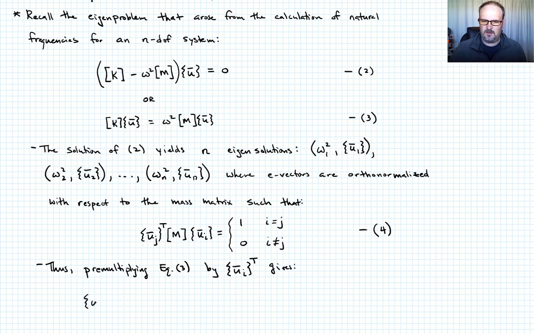It says u bar i transpose times the quantity k times u bar i in this case, okay, is equal to omega i squared times u bar i transpose times m times u bar i. Okay, well, I just defined what u transpose times m times u is, right? That's 1, right? So this is going to be equal to omega i squared. Let's call that equation 5.